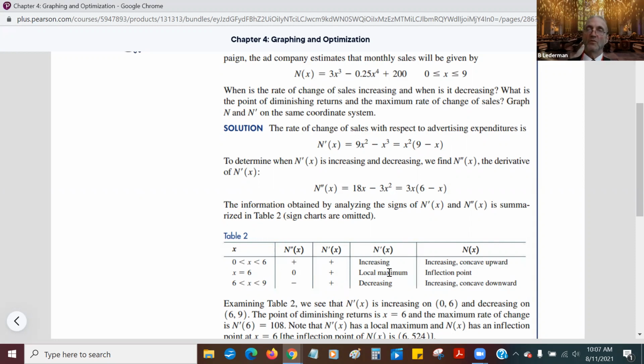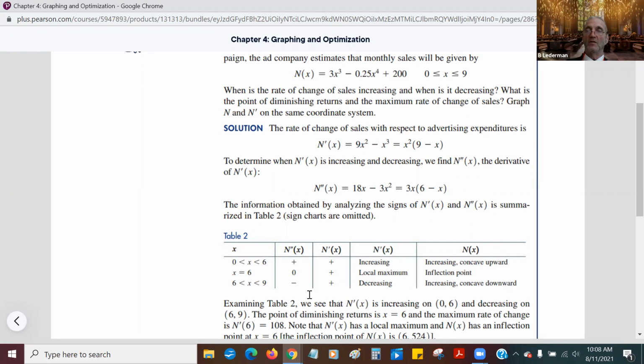When x equals 6, the second derivative is 0, and the first derivative is still positive. That's an inflection point, where the function goes from concave up to concave down.